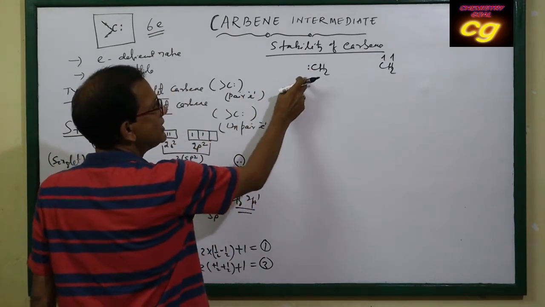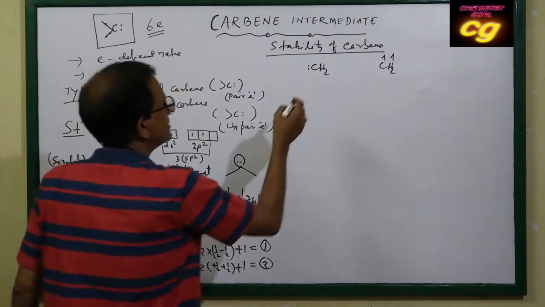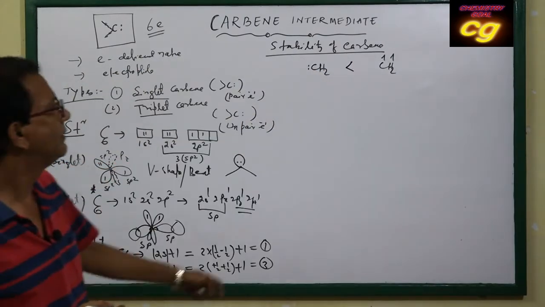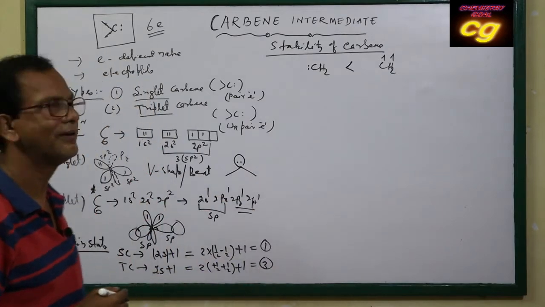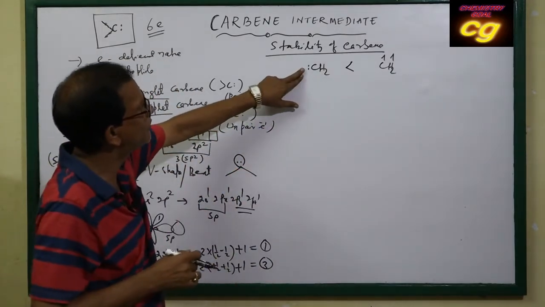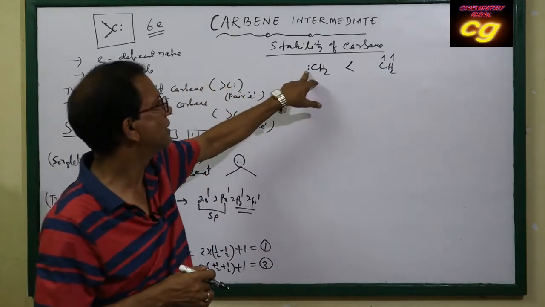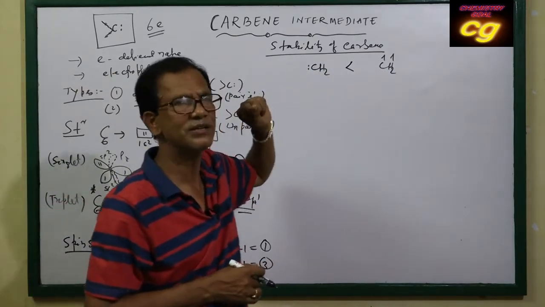This is called singlet, this is called triplet. So this carbene is less stable compared to this structure, because the unpaired electron cannot be stabilized, but here the paired electrons can be stabilized.